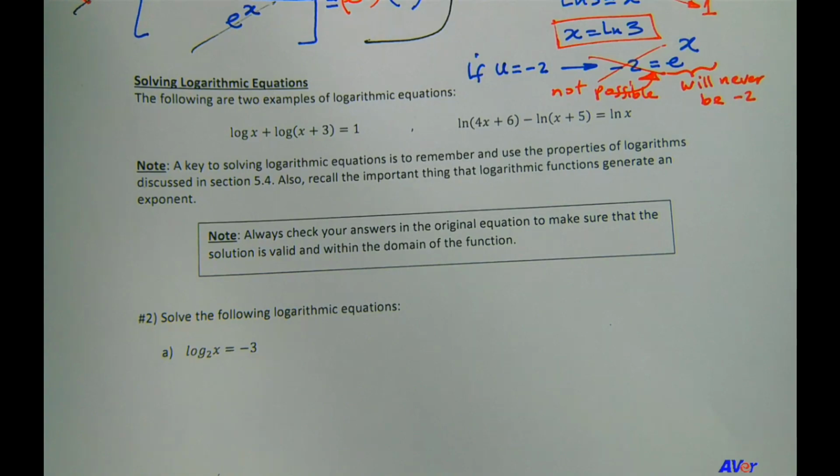Whenever it suited us, we used the logarithmic properties to solve exponential equations. That's one of the main takeaways from this section: even though exponential functions and logarithmic functions are inverses of each other, remember when we graphed them last video?